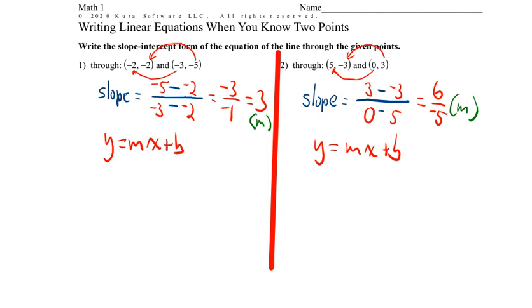Now we have more information than we need. I have 2 points, so I have to decide. Naturally, do you want to use these two numbers, the -2 and the -2, or do you want to use the -3 and the -5? I don't know.